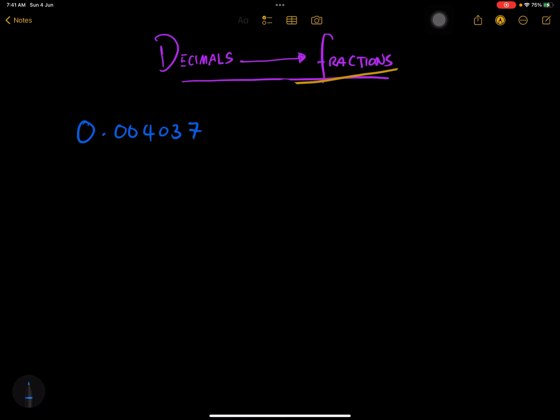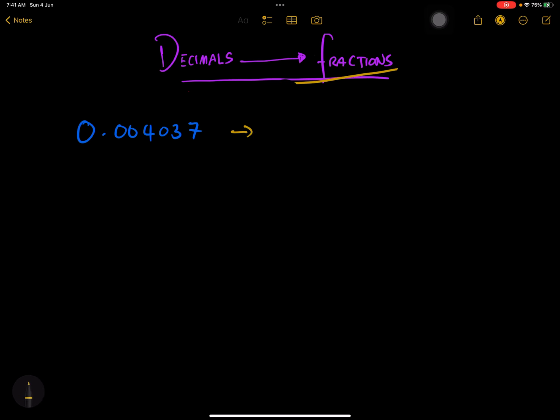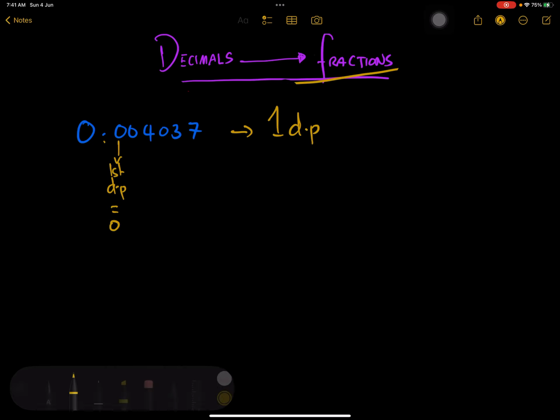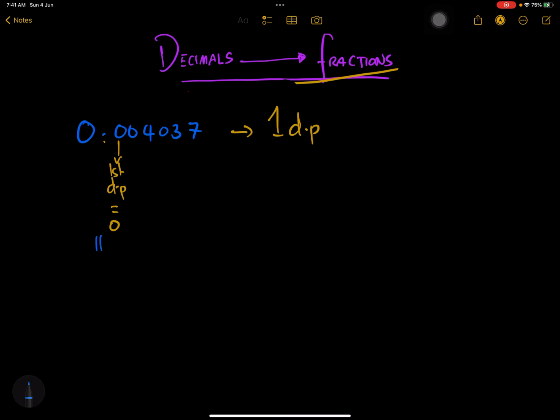0.004037. Now, if the question says to change this to one decimal place, we know that the first decimal place is here, because it comes right after the point. So our first decimal place is 0. And then what is the number next after that? The number next is also 0.